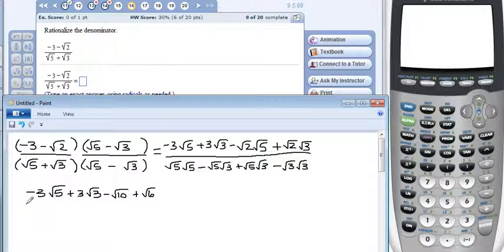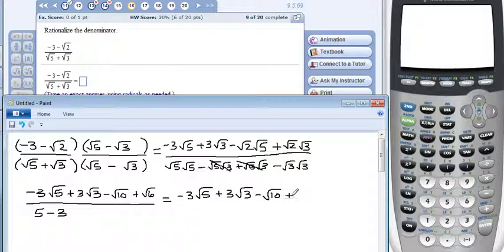Yikes. It's going to be interesting to see how it wants the final answer. 2 root 5s is a 5. These are canceling because they're opposite and the same. And 2 root 3s is a 3. So I've got this mess on the top. Ugh. We're going to check this one for sure, see what it wants, so you guys can know. You guys are hopefully making notes here.